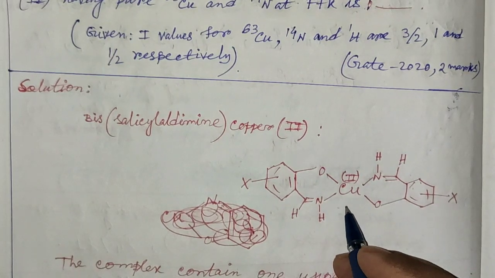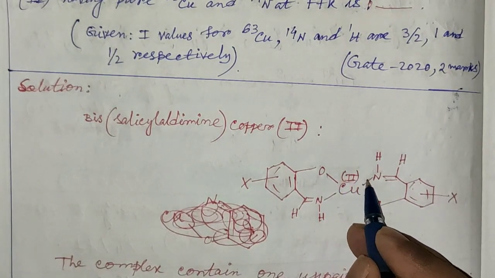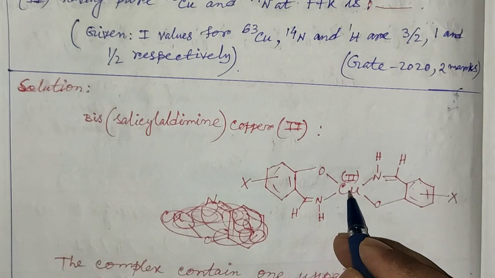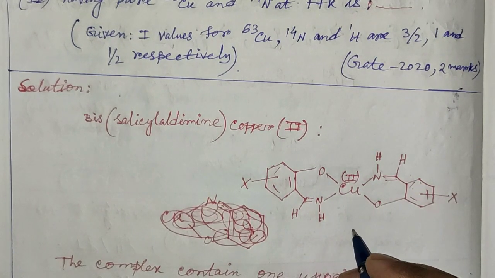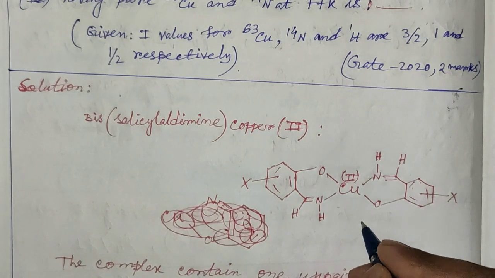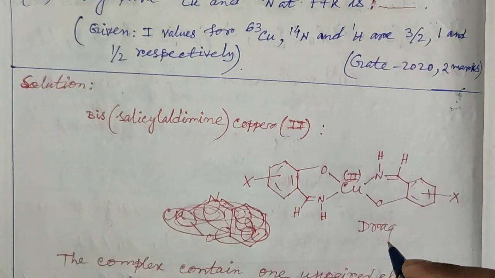Now before solving for the number of lines that arise in the EPR spectrum for this complex, we need some knowledge about a rule known as Drago's rule.